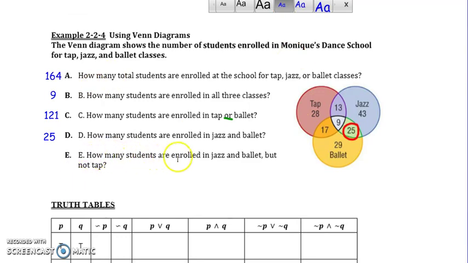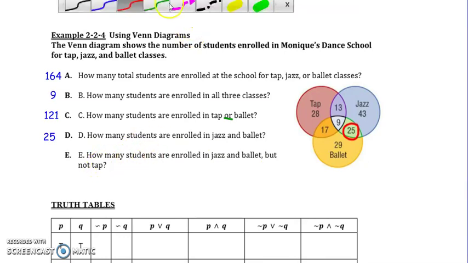And then last one, how many students are enrolled in jazz and ballet but not tap? So we know that was 25 that were enrolled in jazz and ballet, but not tap. So we need to subtract this 9 that is also jazz, ballet, and tap.